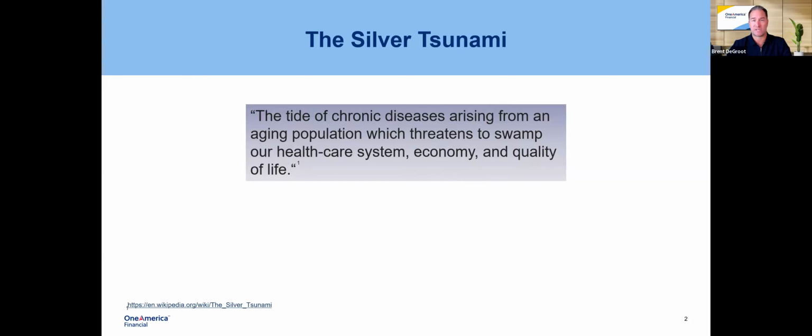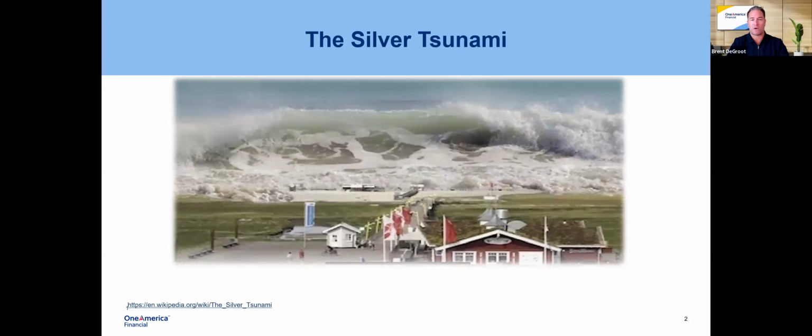So that's a fairly scary quote there out of Wikipedia. But I thought I'd also give you just a little visual of maybe what that looks like. So here's the silver tsunami that is coming, this age wave that is about to really hit America, and all of us will be affected in some way, somehow.